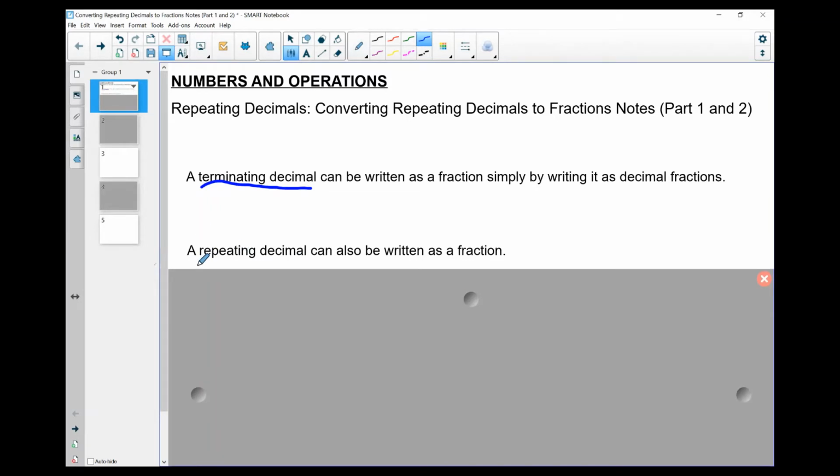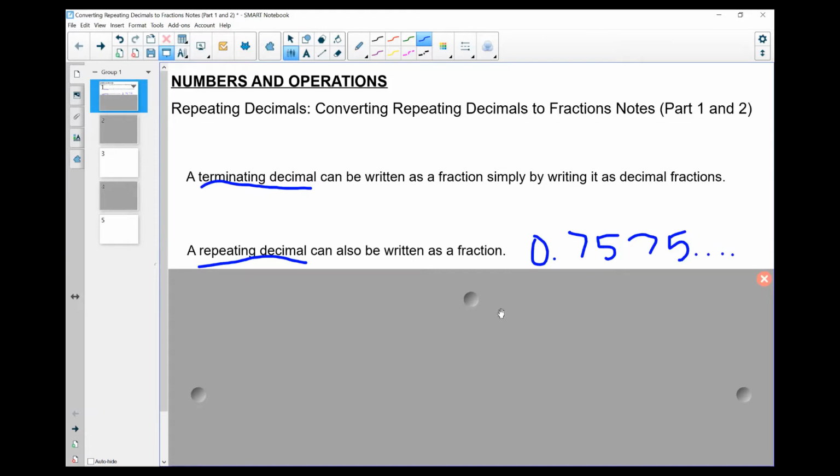Then we also talked about repeating decimals. This can be written as a fraction as well. Let's say I have 0.7575, and so on.